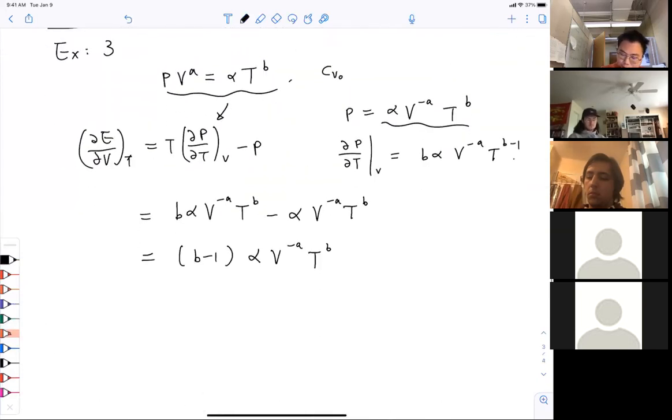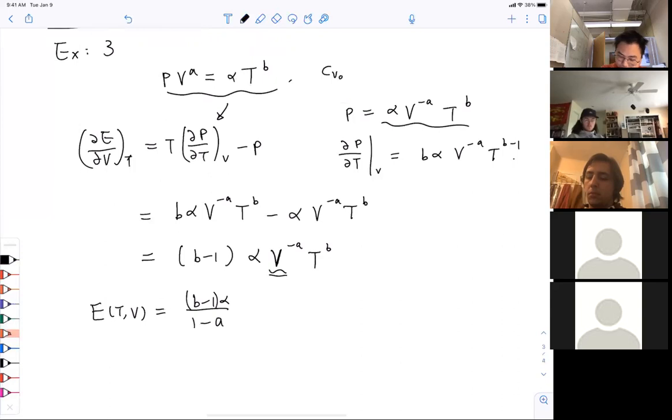Now with the integral for the volume V, we get the volume dependence, which is, everyone knows how to do this integral.